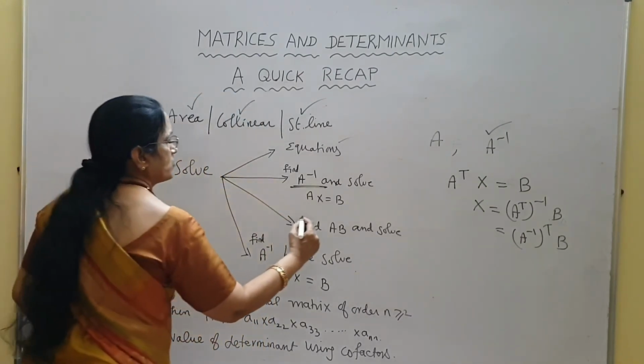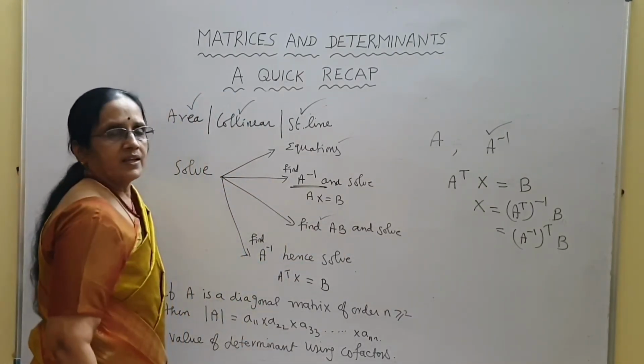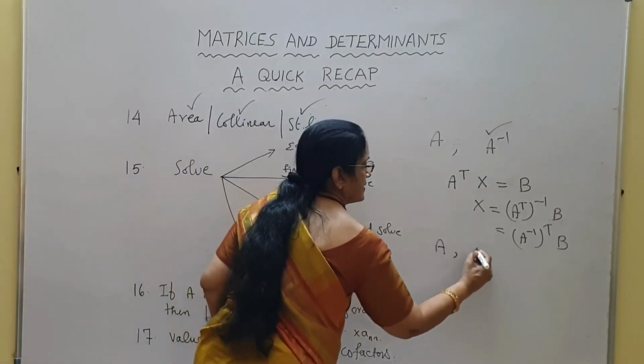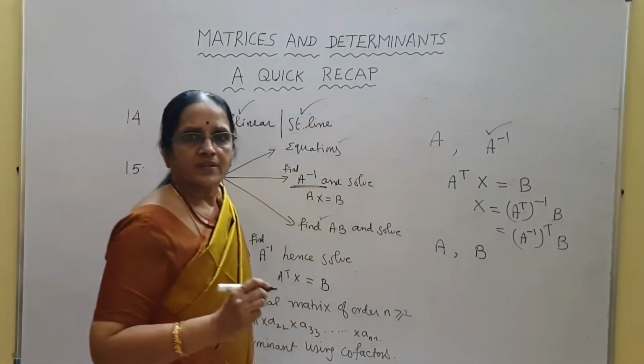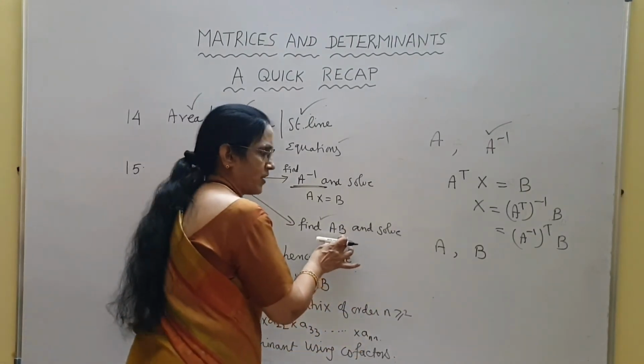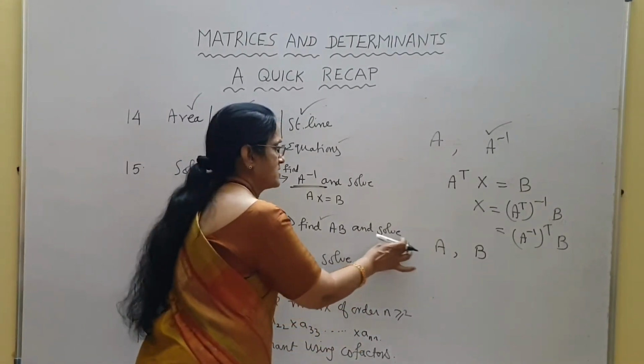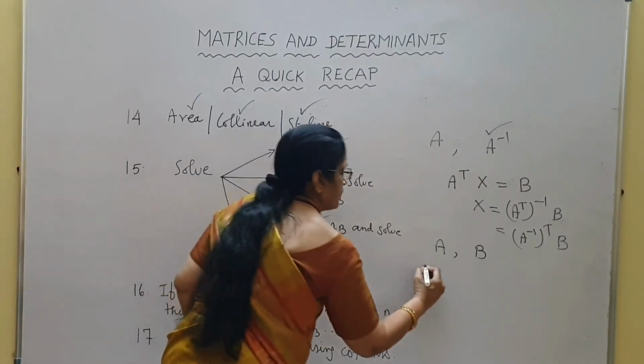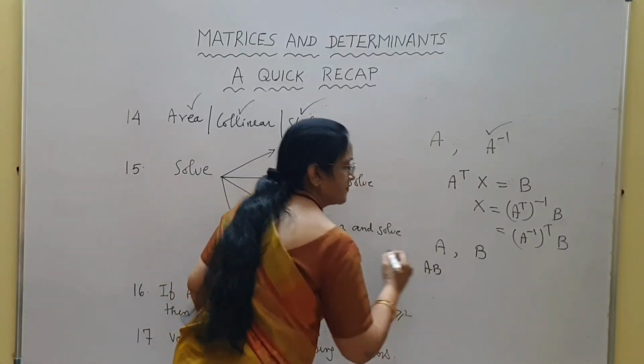Okay, coming back to this last type, you will be given the matrix A and the matrix B. They will ask you to find the product AB and solve. What you should do? First find out the product AB.